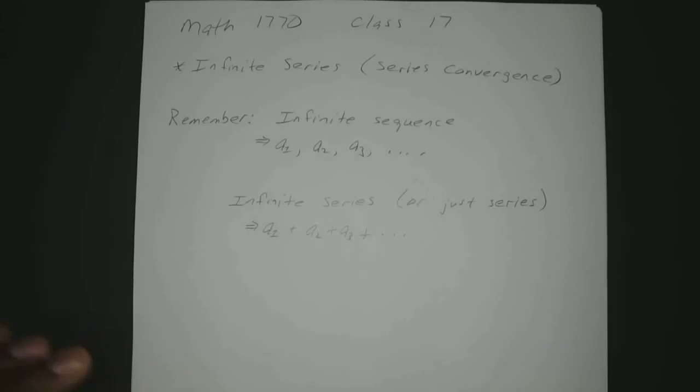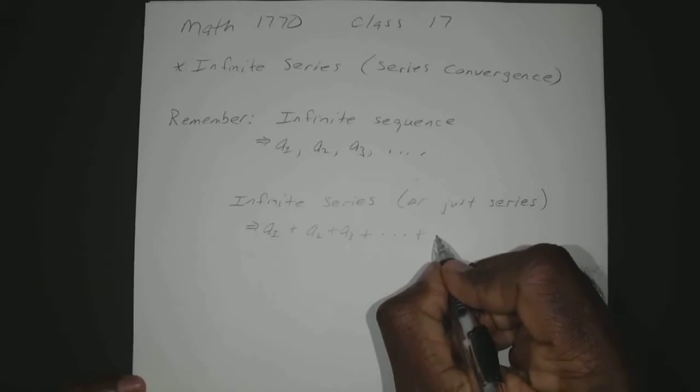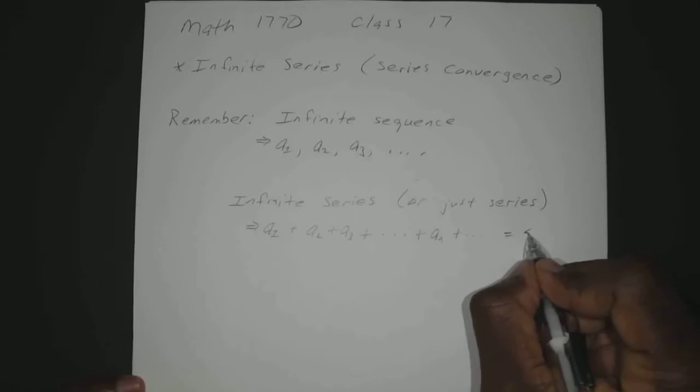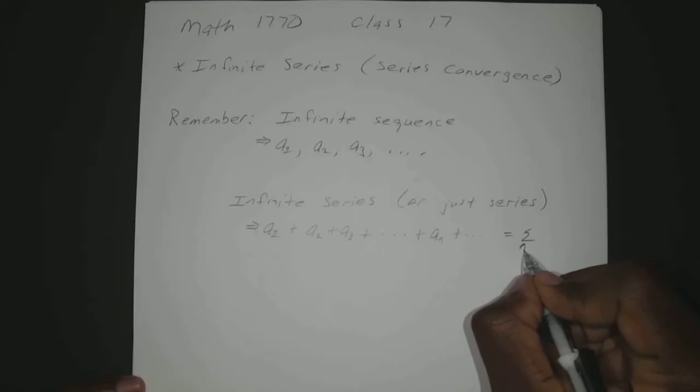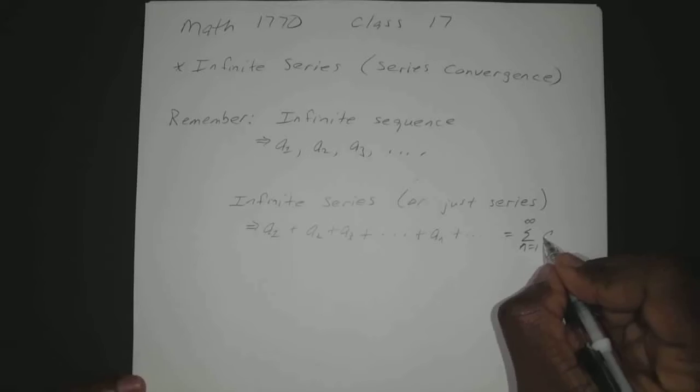And it keeps on going to where eventually you pass some nth term and it still keeps on going, to where it's the sum from n equals 1 to infinity of a sub n.